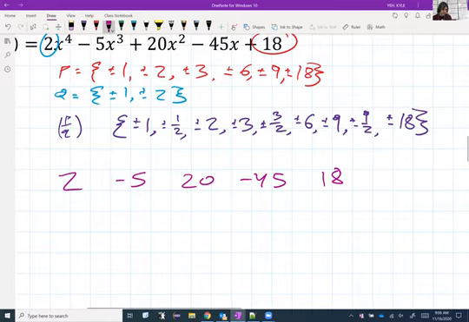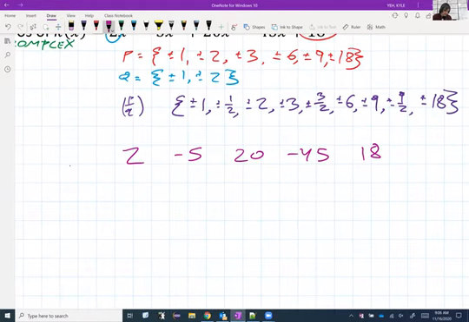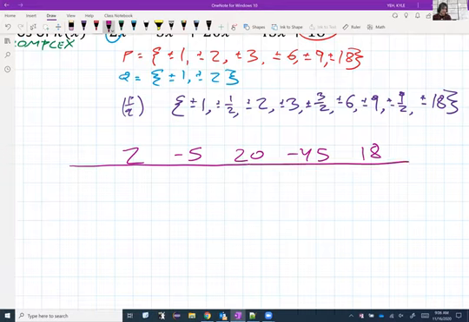So here's what I'm going to do though. I'm going to have to write this out probably multiple times, chances are. So I'm just going to make a table, and we're going to omit that middle row of synthetic substitution. We're going to do that part in our head, and I'll show you what that means. But here's what we're trying to do. We're trying to find a zero.